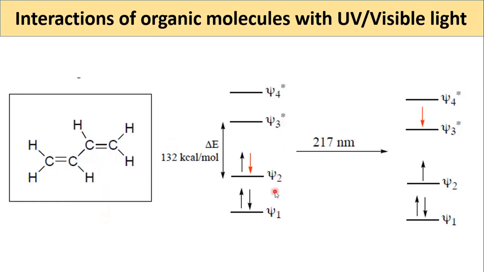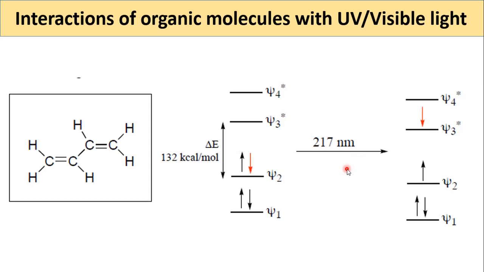You can see in the energy diagram that the ground state and excited state now have a gap of 130 kilocalorie per mole, meaning the gap is getting narrowed down, or shortened. Since the gap is less, it is crossed by absorbing the wavelength of 270 nanometer.